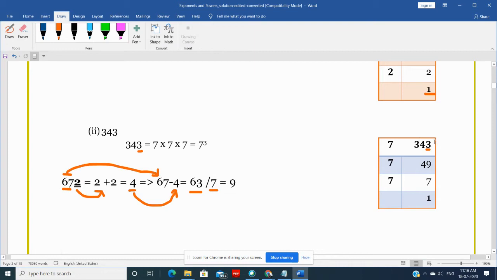If you see 3 plus 3 is 6, 6 plus 4 is 10. 10 is not divisible by 3, and so 3 would not come here. The divisibility rule of 4 says that the last 2 digits should be divisible by 4. Here 43 is the last 2 digits. Now 43 is not divisible by 4, so naturally the whole number would not be divisible by 4.